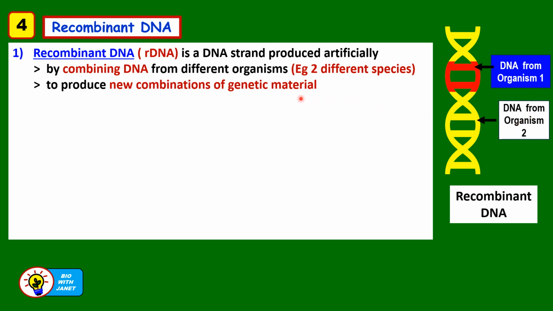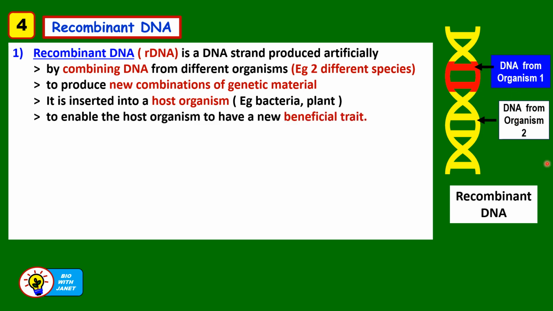The host organism can be bacteria or plant or even an animal, and it will produce new combinations of genetic material. This is a new combination that uses DNA from species 1 and species 2. Then this host organism will have new traits that may be beneficial in some way, right?